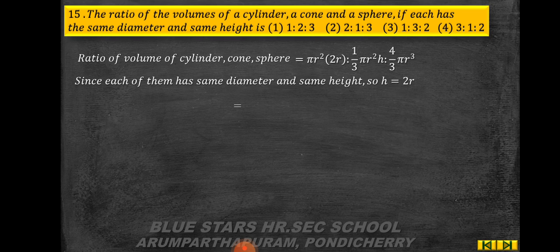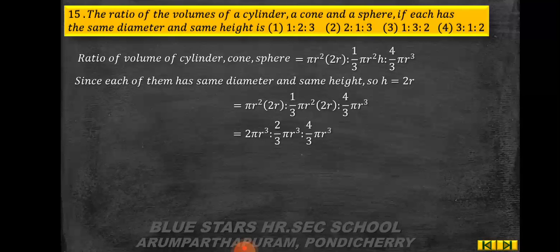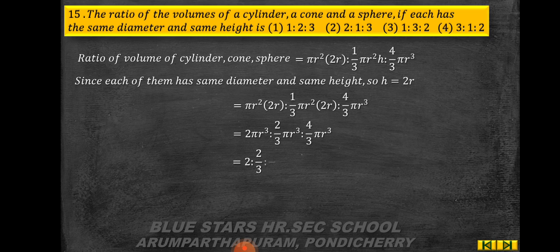Since each of them has the same diameter and same radius, h is equal to 2r, so it is pi r square into 2r is to 1 by 3 pi r square into 2r is to 4 by 3 pi r cube, which is equal to 2 pi r cube is to 2 by 3 pi r cube is to 4 by 3 pi r cube, which is equal to 2 is to 2 by 3 is to 4 by 3, which is equal to 6 is to 2 is to 4, which is equal to 3 is to 1 is to 2.